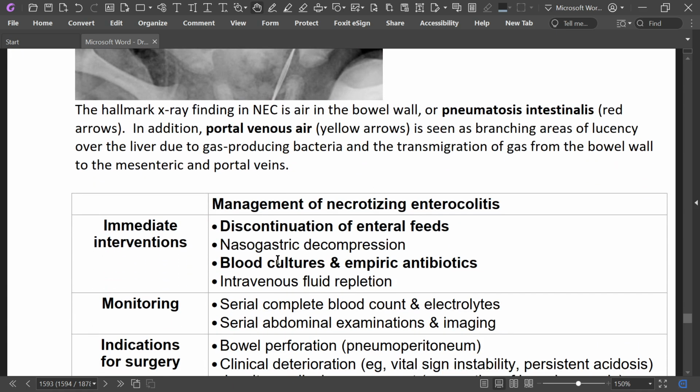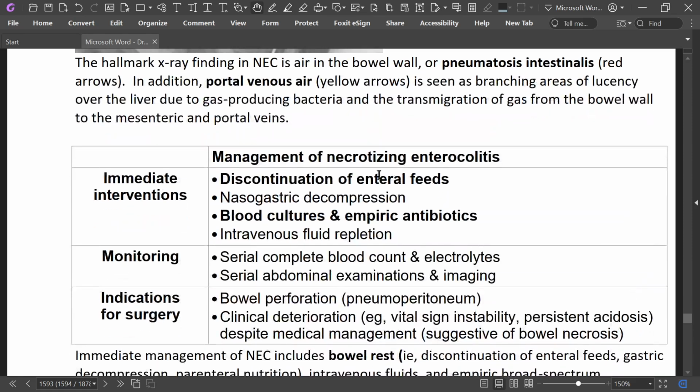Management includes discontinuation of enteral feeding, NG decompression, blood culture, empiric antibiotics, and IV fluid replacement.